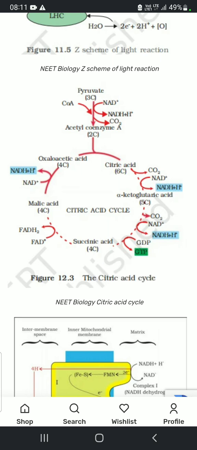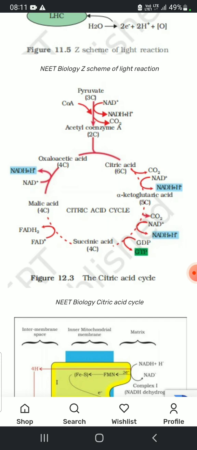The first is from citric acid to alpha ketoglutaric acid. Second is from alpha ketoglutaric acid to succinic acid. Third is from malic acid to oxaloacetic acid. So the only step in which there is no conversion of NAD plus to NADH is from succinic acid to malic acid.